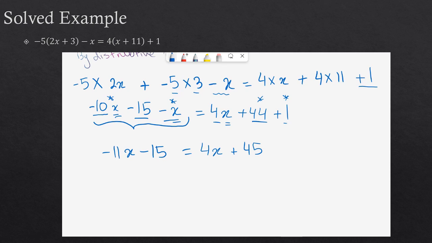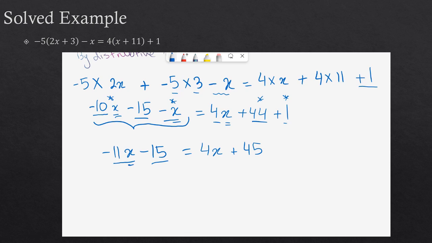Now we will go to the second property, where we search for the similar terms, okay, or like terms in different sides, okay. We have minus 11x, a term that includes x, and we here have minus 15, a constant.